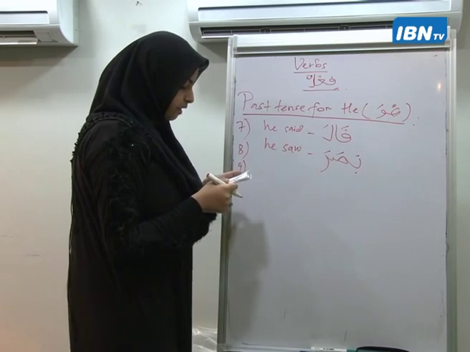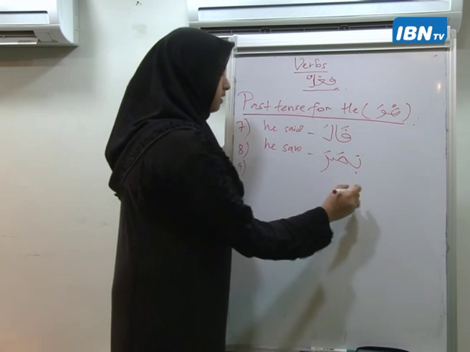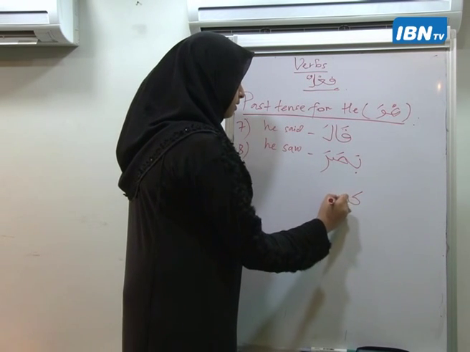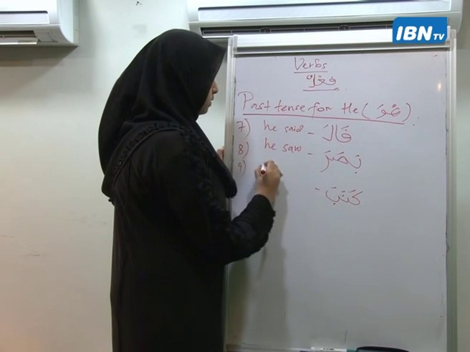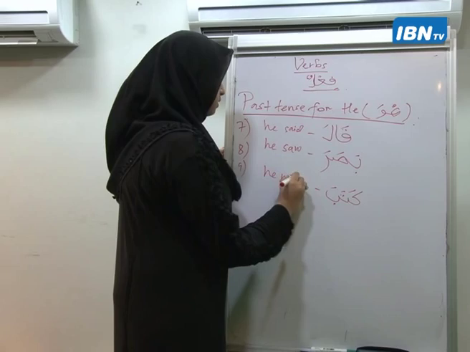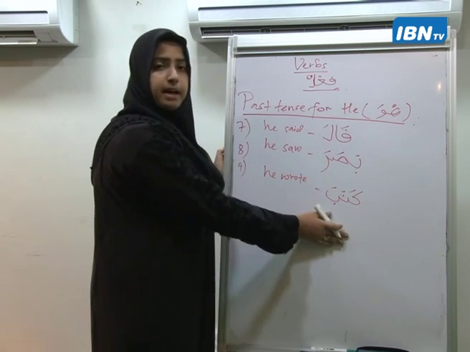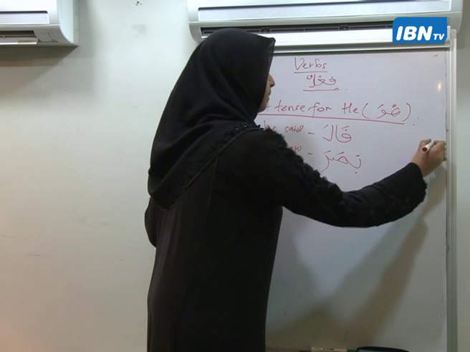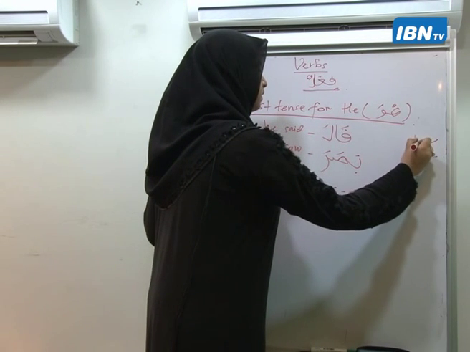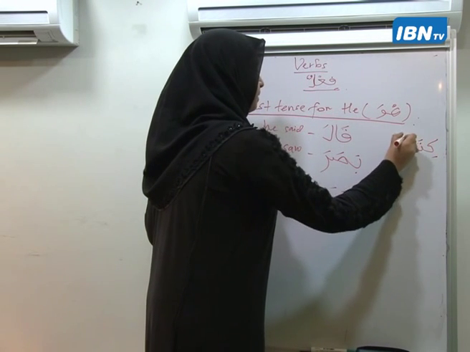Then we have kataba. Kataba means he wrote. Kataba comes from the word kitabun. You know, we have the word kitabun. That's just an easy way to remember.